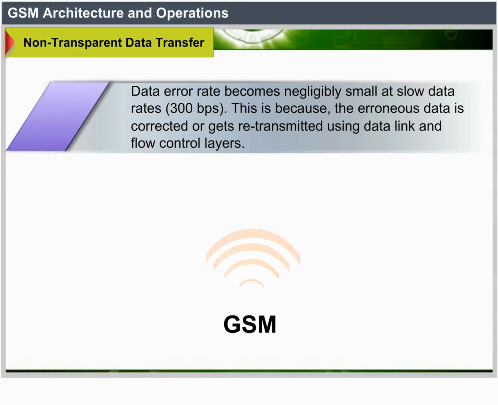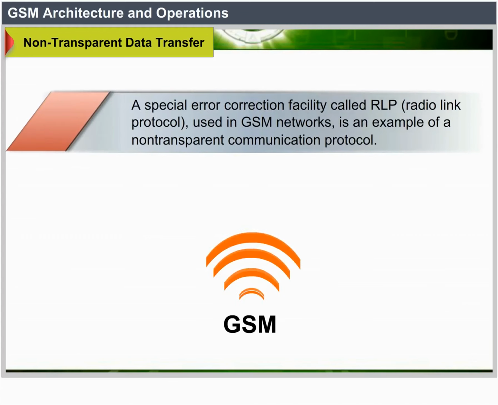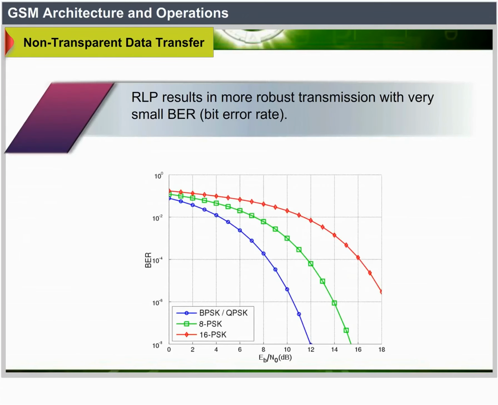This is because the erroneous data is corrected or gets retransmitted using data link and flow control layers. A special error correction facility called RLP, Radio Link Protocol, used in the GSM network is an example of a non-transparent communication protocol. RLP results in more robust transmission with very small BER, bit error rate.